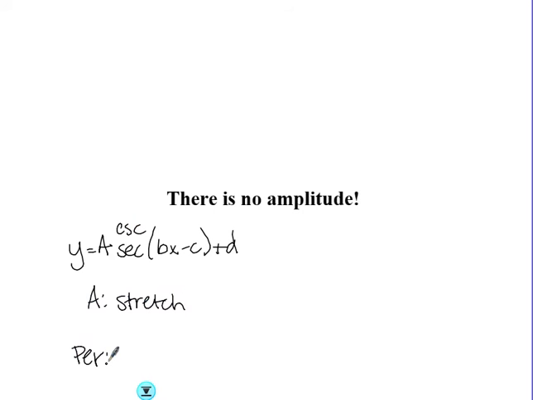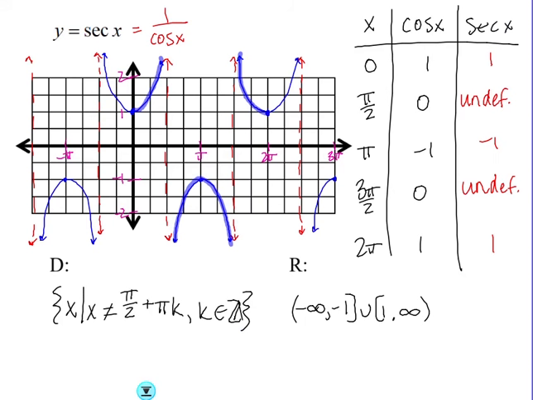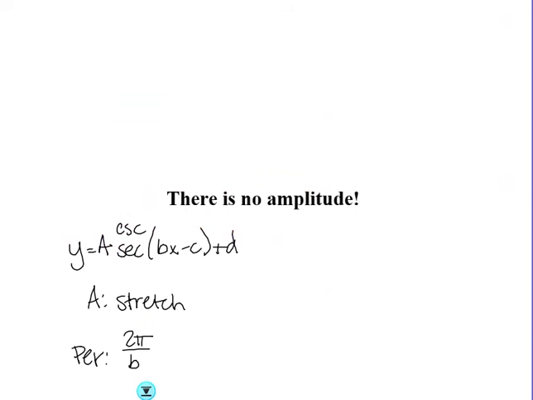The period is going to be 2 pi over b, because if you go back to the graphs and look, it does take 2 pi units for the pattern to start to repeat itself, because we have a positive part of the function and a negative part of the function. The horizontal shift is c over b, and the vertical shift is d.